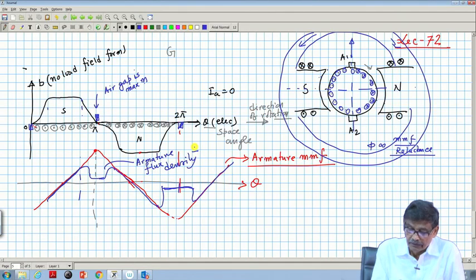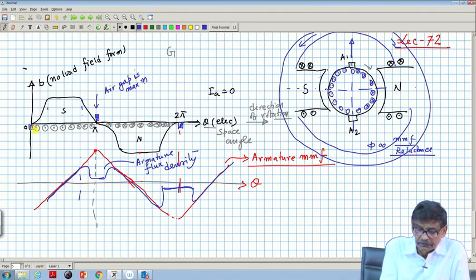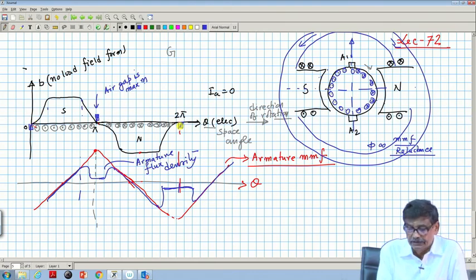So, I am repeating what I have done. This was the no load field form when Ia is 0. That will always be there individually, and when armature current is not present, this is the only field present, the B distribution, the flux density at different space positions in the air gap.